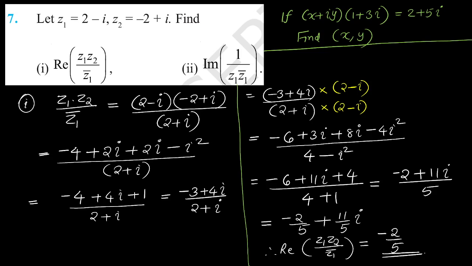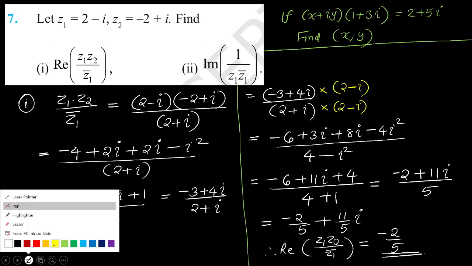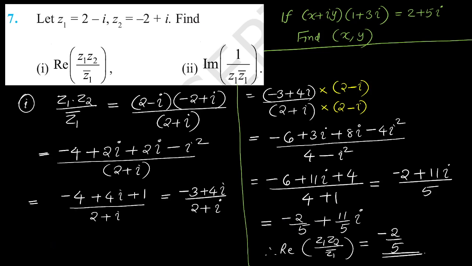Sir, the answer is minus 2 by 5 for the real part of z1, z2 by z1 bar. But why can you not put 11 by 5? See, I discussed the real part and imaginary part. If you don't remember, let me write once again. Suppose I have a complex number a plus bi. In that complex number, a alone is said to be the real part, and b is said to be the imaginary part.